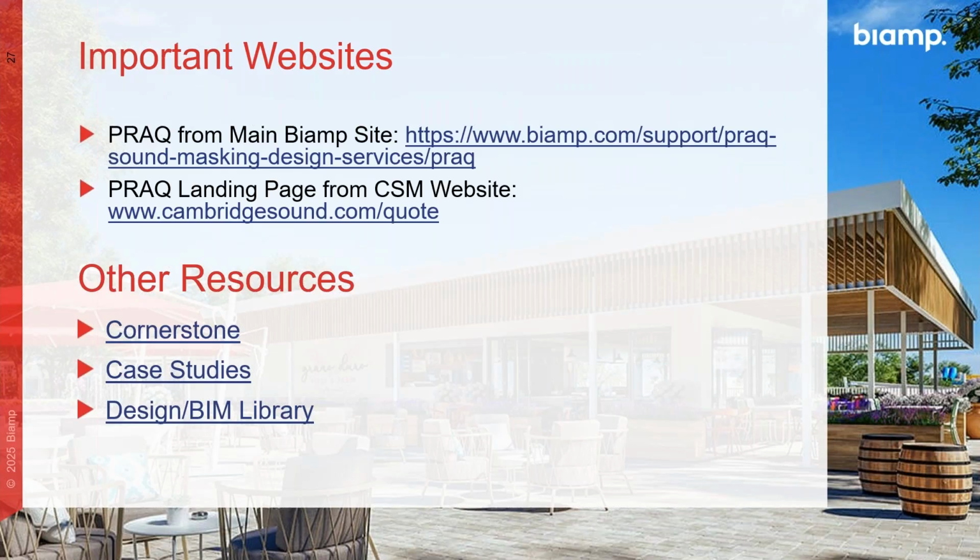The first one is our main site, how to get to anyone on the team. And the other is the CSM website that takes you to some of our legacy items, as well as our original form, because the two forms do look a little different. I just want you to have that.